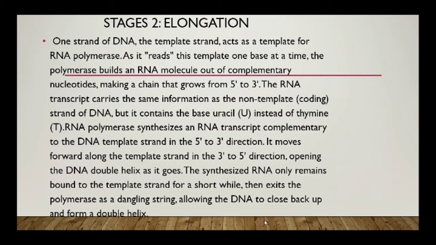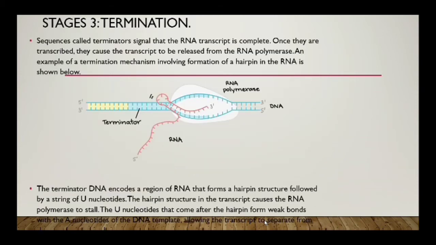RNA polymerase synthesizes an RNA transcript complementary to the DNA template strand in the 5 to 3 direction. It moves forward along the template strand in the 3 to 5 direction, opening the DNA double helix as it goes. Synthesized RNA only remains bound to the template strand for a short while, then exits the polymerase as a dangling string, allowing the DNA to close back and form the double helix.